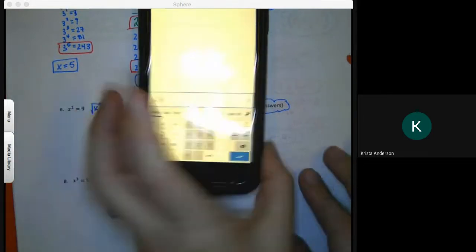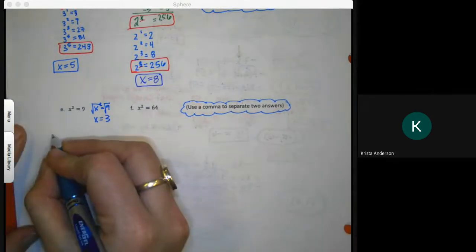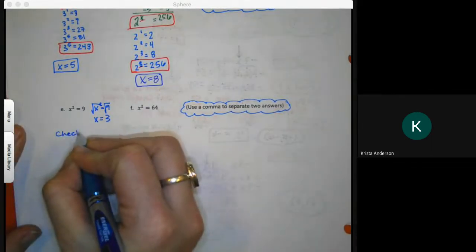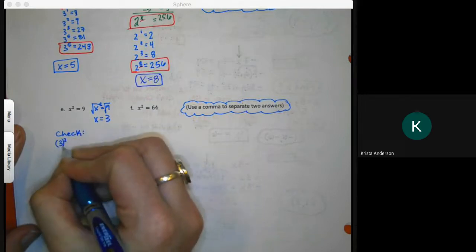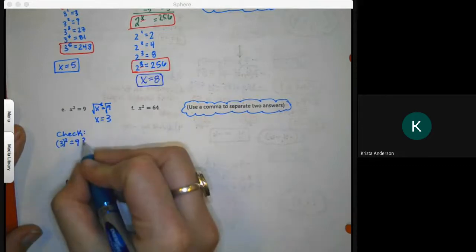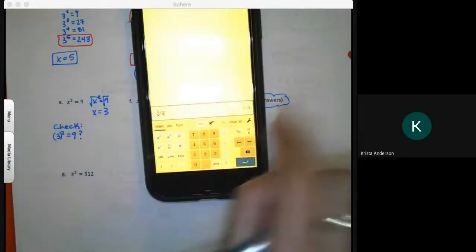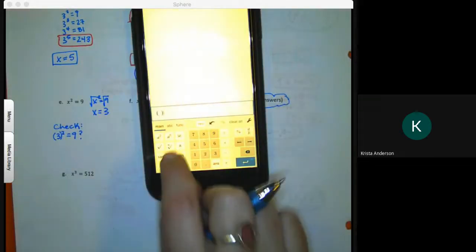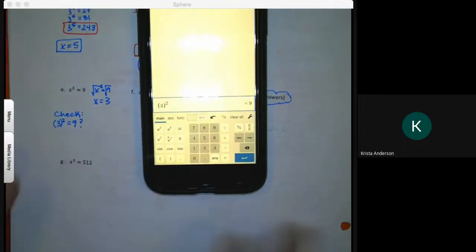Now, when I check, I'm just going to test. Is 3 squared equal to 9? If I plug 3 squared in on my calculator, is 3 squared equal to 9? Yes, that's why it's a solution. There is one other solution that would work with squared.